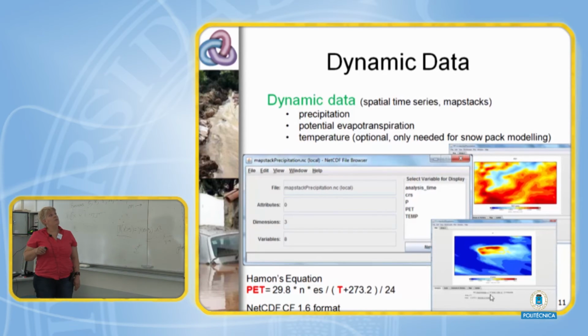And within the DRIHM, we needed to calculate the potential evapotranspiration, either for the observations or for the output from the numerical weather prediction models. Since I had only temperature data, I decided to use Hamon's equation. So if you run HBV, you should be aware that potential evapotranspiration is calculated this way.